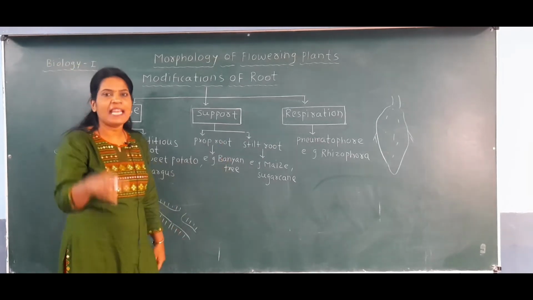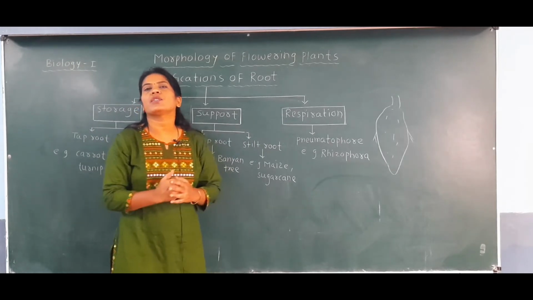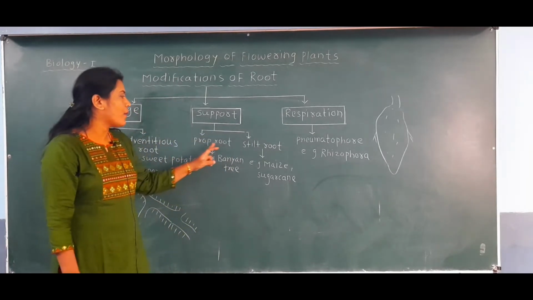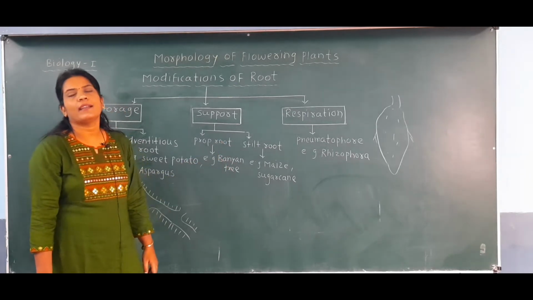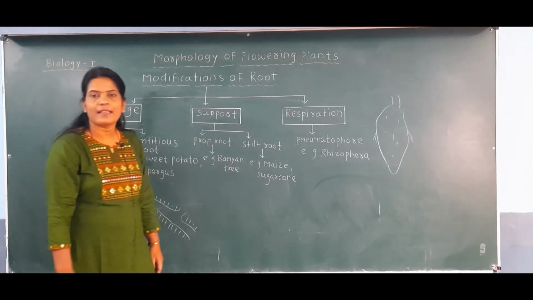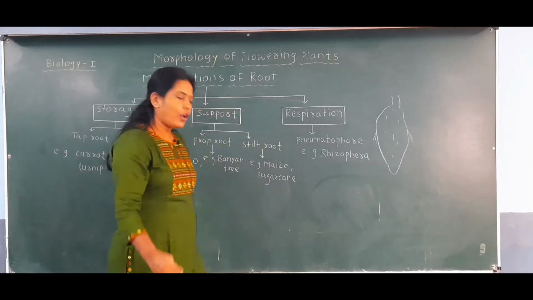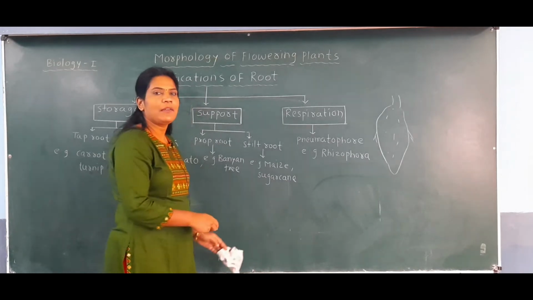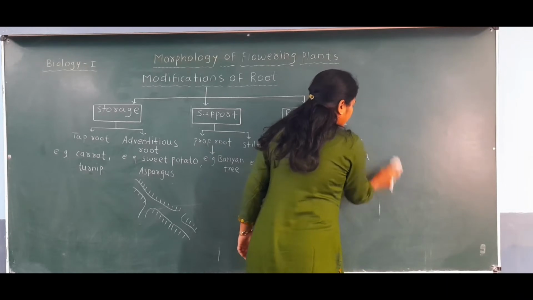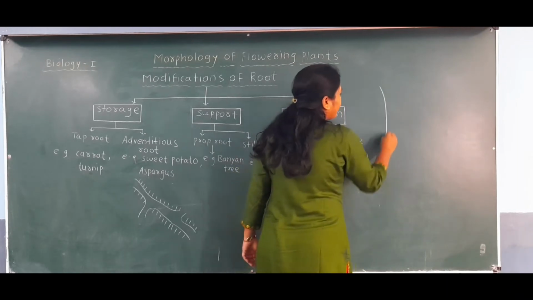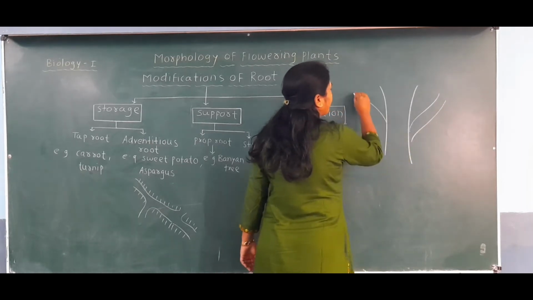So the hanging structures on the banyan tree are called the prop roots, and the best example of the prop root is the banyan tree. Now all of you have seen the banyan tree, and you can observe that, suppose this is the banyan tree, these are the big branches of this banyan tree.